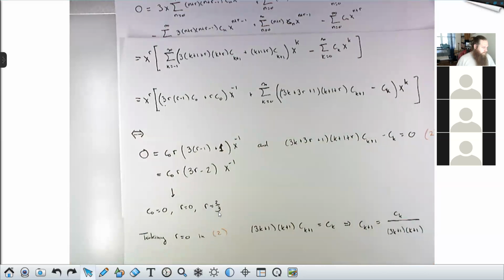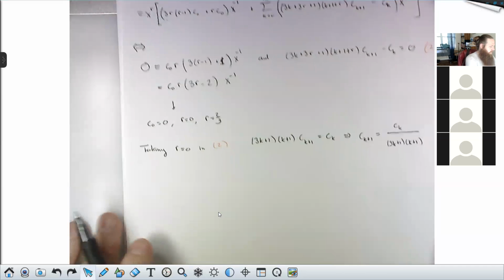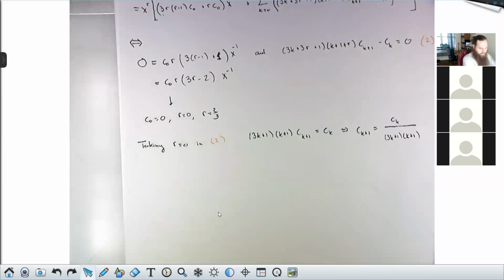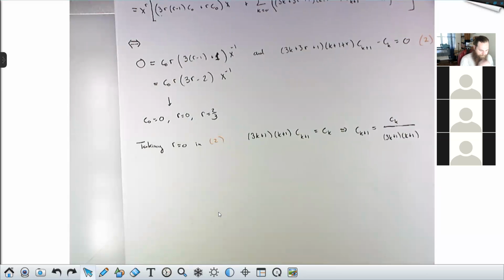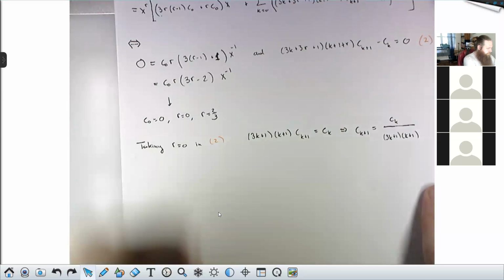And just like we were doing yesterday, you can plug in some values for k here and try to sort out your first few coefficients. Let's go ahead and do that.